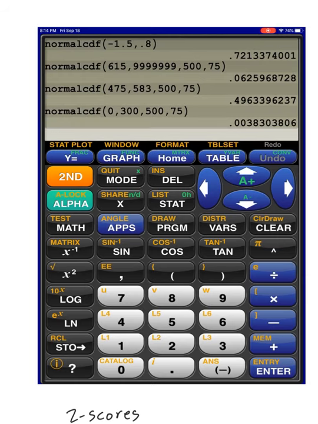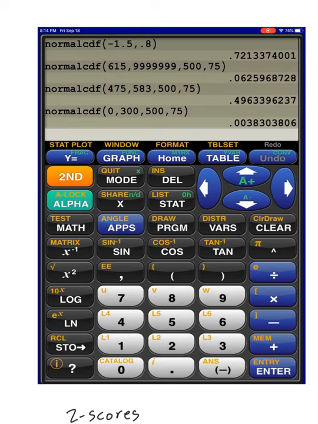And it says it's actually a low chance, only 0.38, or about 0.4%, that I only get 300 apples based on the standard deviation of my data set.